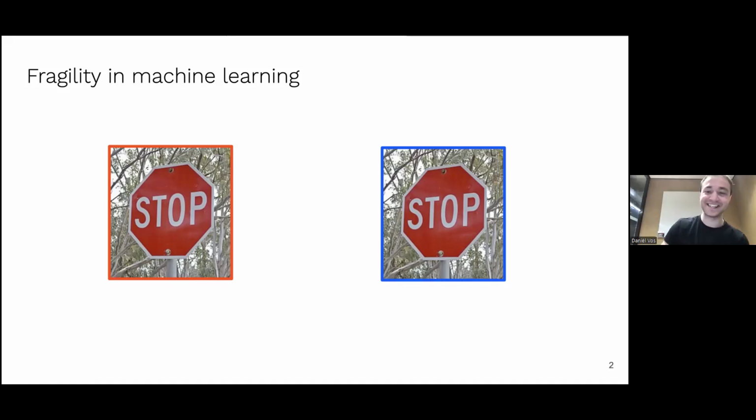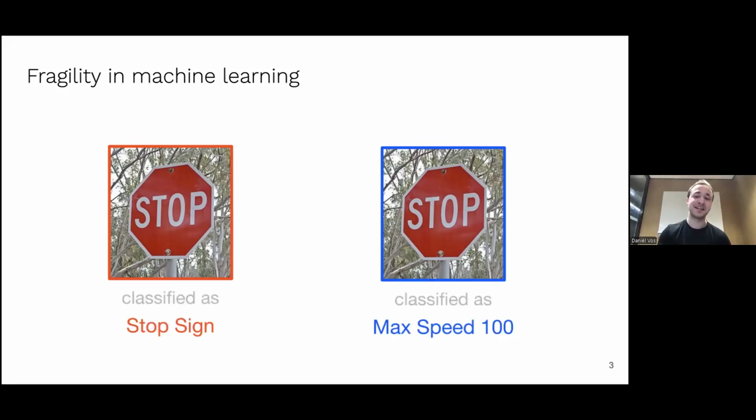Good guess. Yeah, so you've seen this kind of image before. Now, in this case, the right sign is classified as a maximum speed 100 sign, which you can imagine is quite problematic. If you truly have a sensor built into your self-driving car that misclassifies a sign like this, you could get into a lot of trouble.